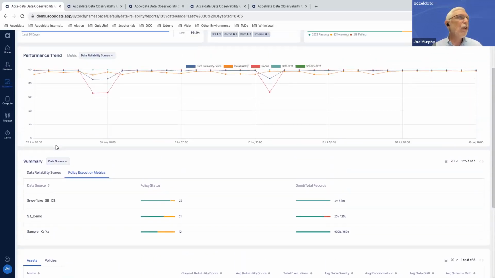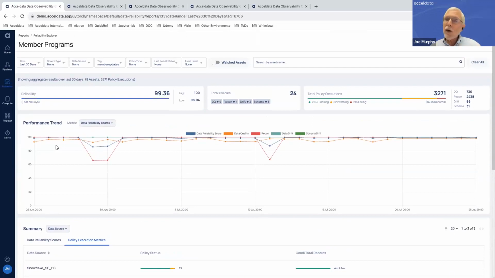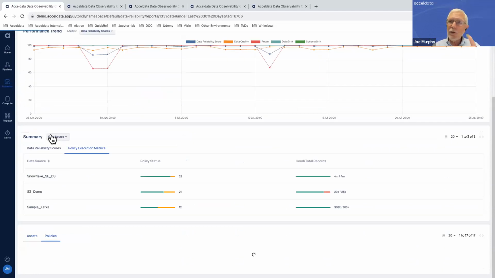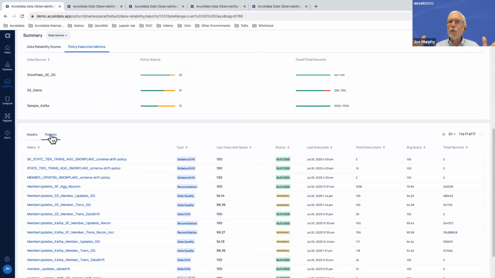So I have this view across my landscape and across time, because reliability is not a static thing. It changes over time. So I have the ability to look at it over the last 30 days in this running scale, or maybe a different cycle, maybe the last 7 days, etc. Now, I also have the concept, it's tough to understand reliability at that macro scale.